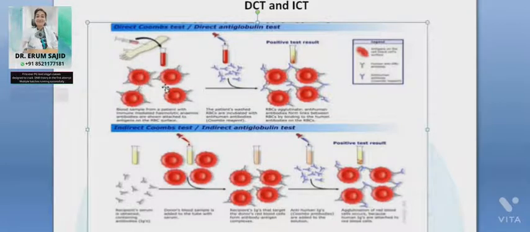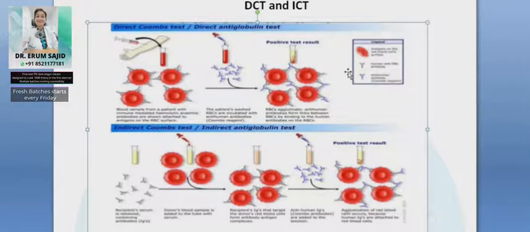To these antibodies stuck onto the RBCs you add the anti-human antibodies, that is, the Coombs reagent, and they make a bridge between the two antibodies and cause clumping or agglutination. That is telling you a positive result.